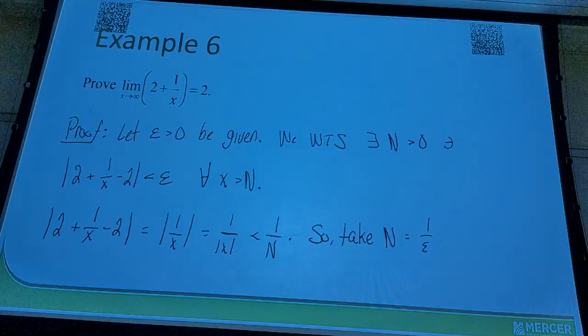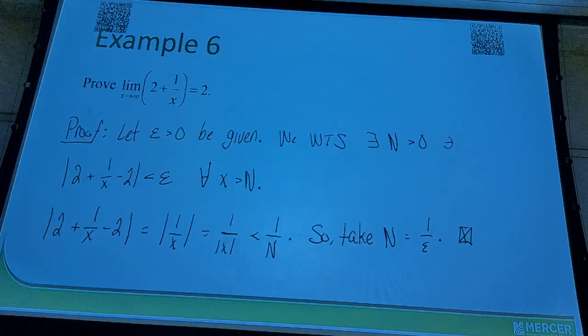So don't we just choose n to be 1 over epsilon? You can work backwards. If you choose that, you get 1 over epsilon, which is just epsilon, in there.